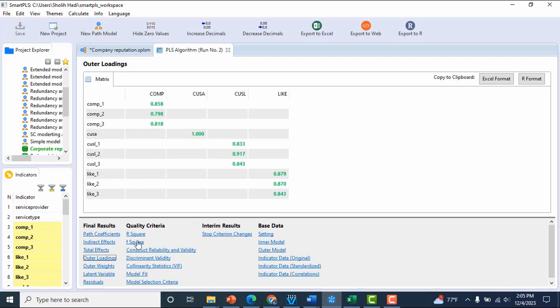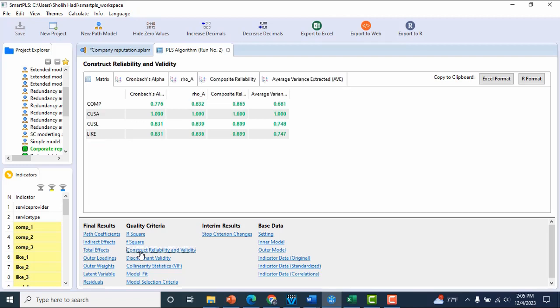And then we check the construct reliability and validity here. This is Cronbach's alpha, this is rho_A, and this is composite reliability, and the value should fall between 0.7 and 0.9. We can check here. For JOSA, because there is only one item, we do not consider it.